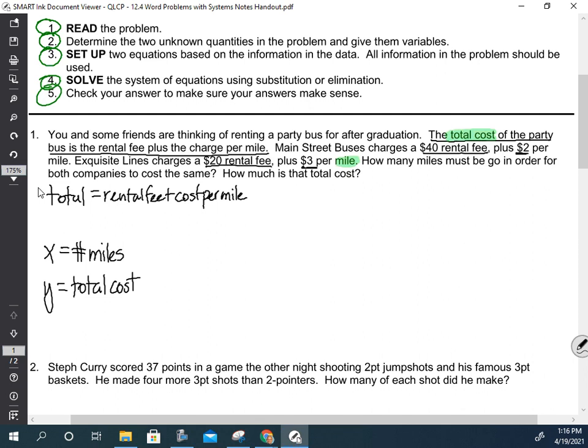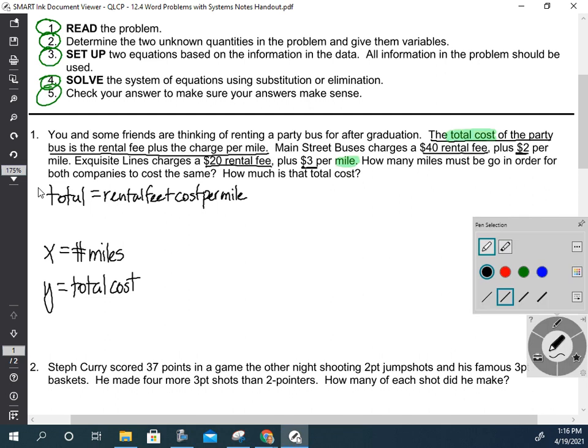You have to read it, you have to interpret it. So now, keep going through the problem. So now they give you two different scenarios. They talk about Main Street buses, and they talk about exquisite lines.